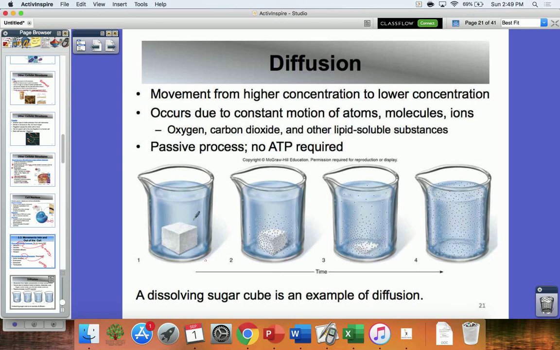Well, it is sugar. Let's say this cube, this is a high concentration here. That means it's a low concentration of sugar in this area of the beaker. And so eventually, as it dissolves, it's going to go from areas of high concentration, and those particles are going to go into areas of low concentration until it has reached equilibrium.